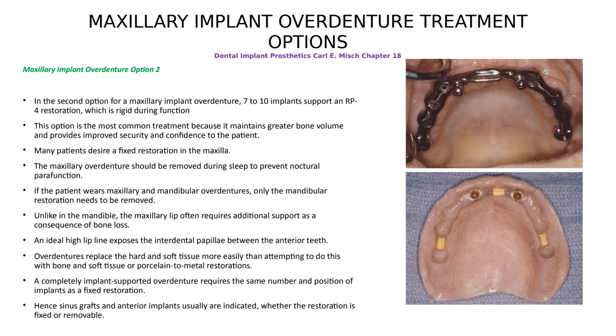Hence, the completely implant-supported overdenture requires the same number and position of implants as a fixed restoration. Hence, sinus grafts and anterior implants usually are indicated whether the restoration is fixed or removable.